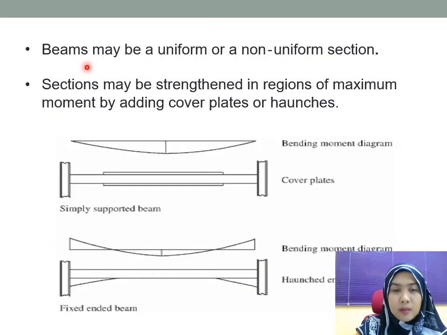Beams may be a uniform section or non-uniform section. Sometimes we strengthen a beam at the region where the maximum moment occurs by adding cover plates or haunches.